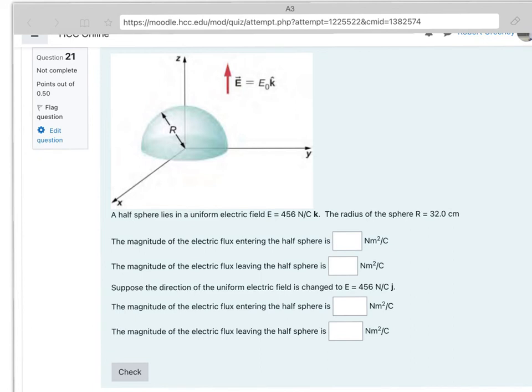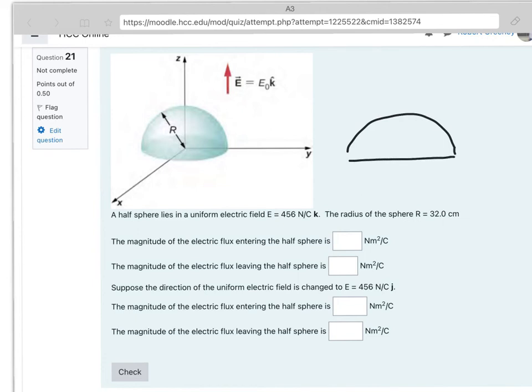now we have the field going in through a curved surface and coming out through a curved surface. So what are we going to do? We're going to do what we did in the last one. We're going to slice the hemisphere in half along, since this is along j, we're going to slice it along the x-axis. And when you slice a hemisphere, what do you get? You get a half circle.